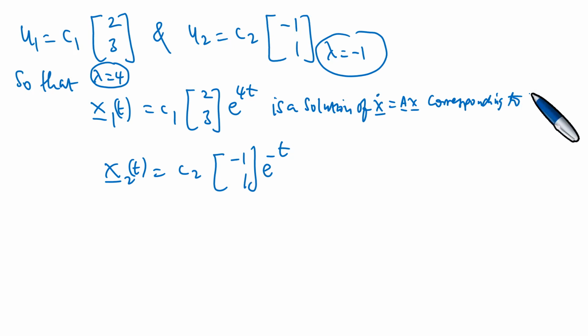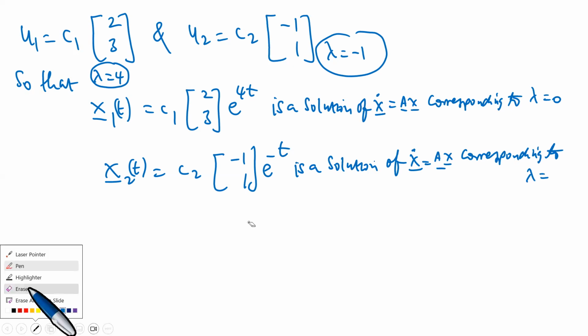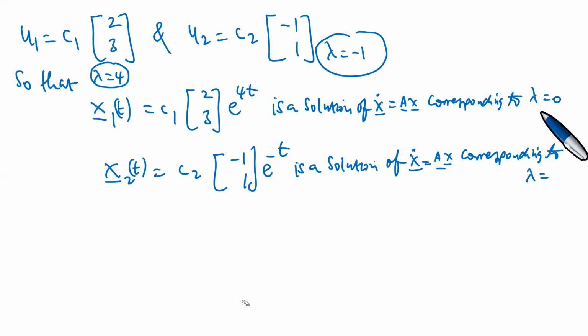The first one corresponds to lambda equals 4, and this one corresponds to lambda equals minus 1. So those are the solutions.